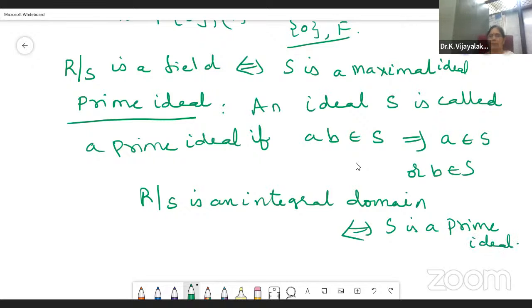If S is a prime ideal, then we say that R by S is an integral domain.